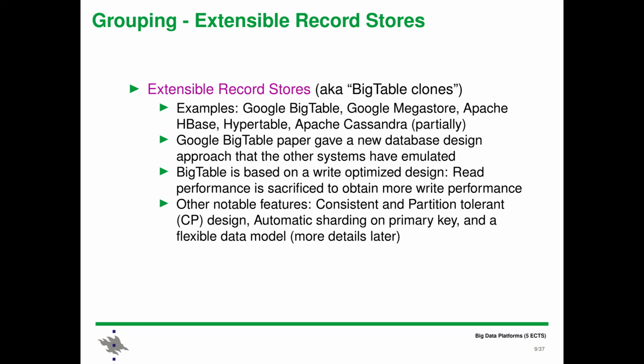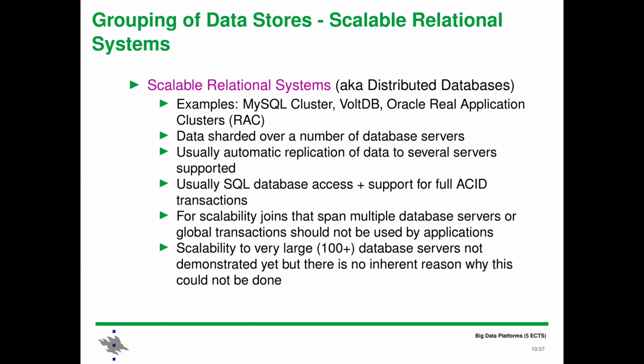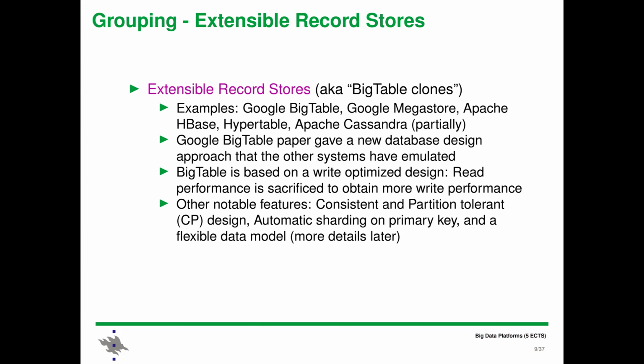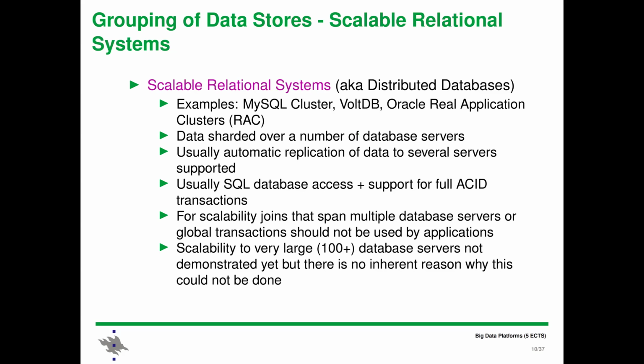Okay, let's move forward. These extensible record stores are the closest ones to ACID, as I was talking about. And then you also have the relational database equivalent. These are called scalable relational systems, aka distributed relational databases. There are a couple of examples.